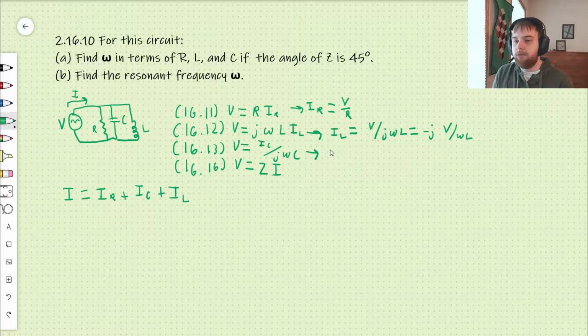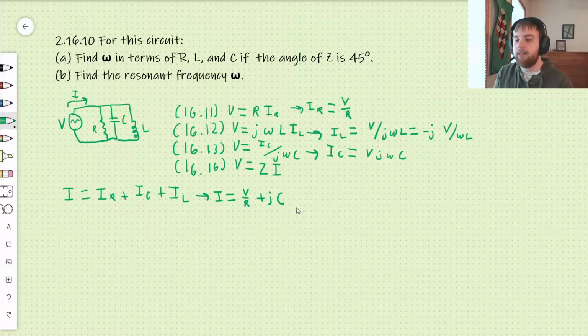And then I_C is equal to V J omega C. So plugging those all into this equation, we get that I total equals V over R, minus, well, we'll put a plus here.